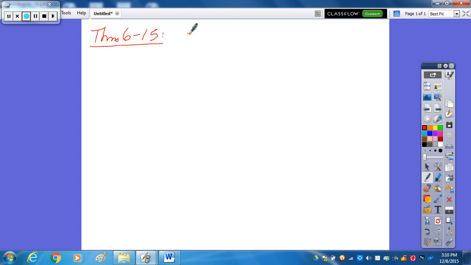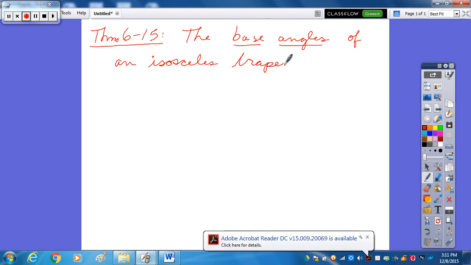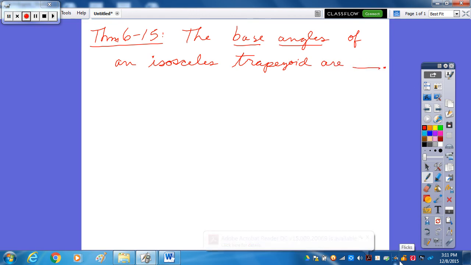The very first one, I'm going to write down the beginning part of it: the base angles, and I would underline that because that's the focus of the theorem, of an isosceles trapezoid, are what? We're going to be looking at the base angles of an isosceles trapezoid.